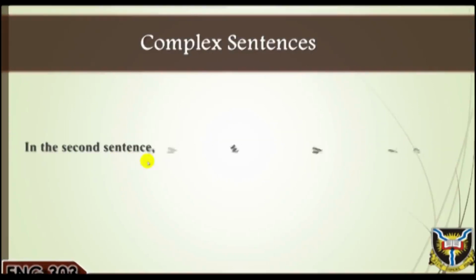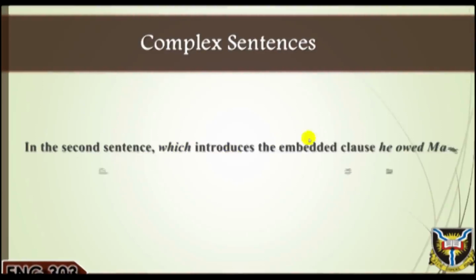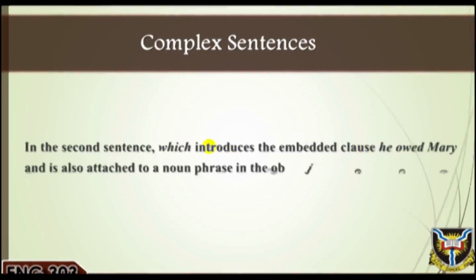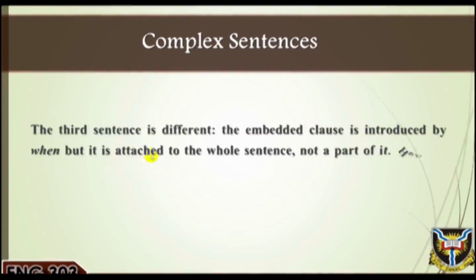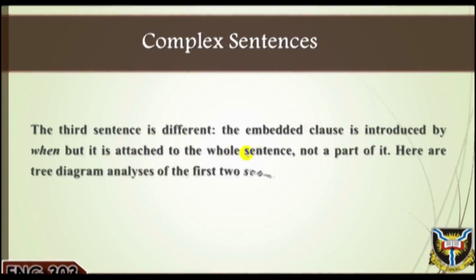In the second sentence, which introduces the embedded clause he owed Mary and is also attached to a noun phrase in the object position. The third sentence is different. The embedded clause is introduced by when, but it is attached to the whole sentence, not a part of it. Here are 3 diagram analyses of the first 2 sentences.